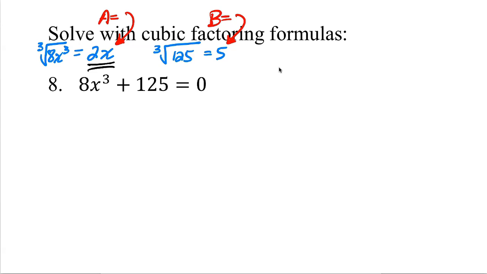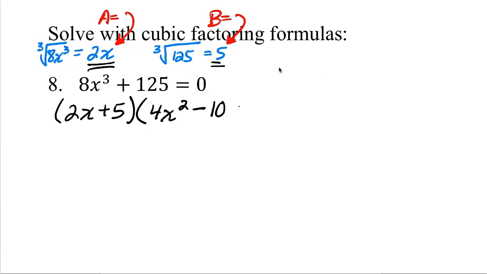We take this one and this one, so that would be 2x plus 5. And then we square the first, so that's 4x squared, minus. Multiply the two together, the a and the b, so that's 2x times 5 is 10x. And then square the last term, so that would be 25. Equals 0. So that's how we factor that.